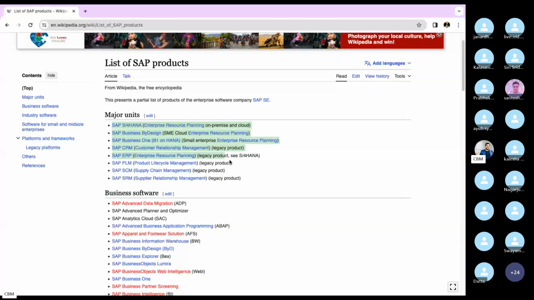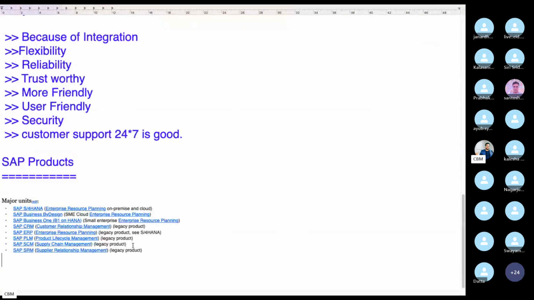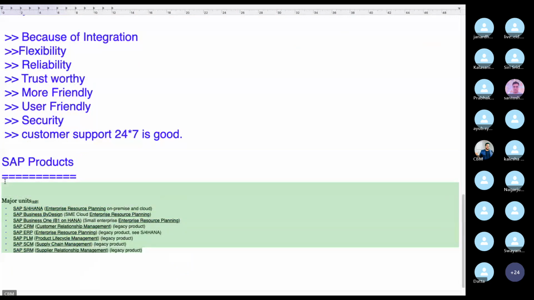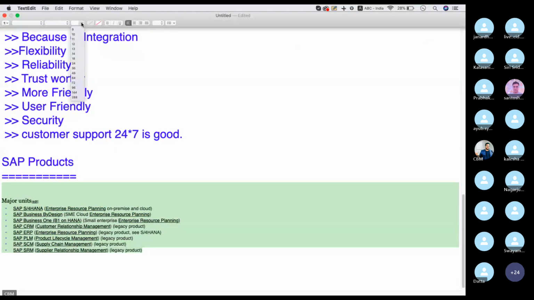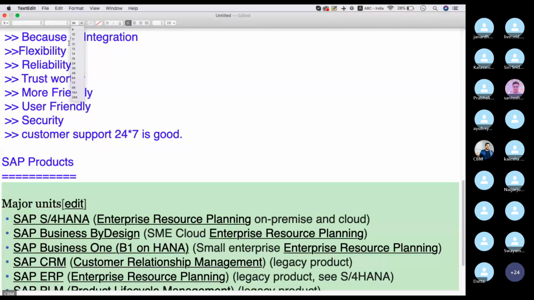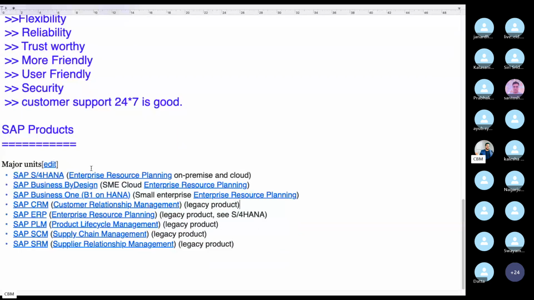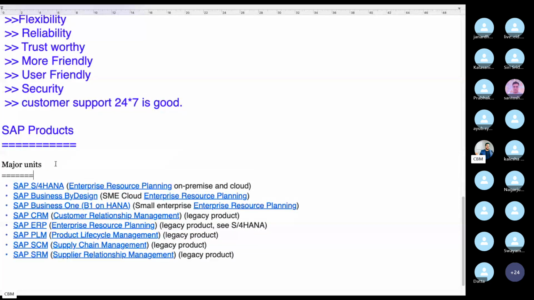But I'm giving you some of the important products for your better understanding, just copying and pasting them over here. So these are the important major products of SAP.